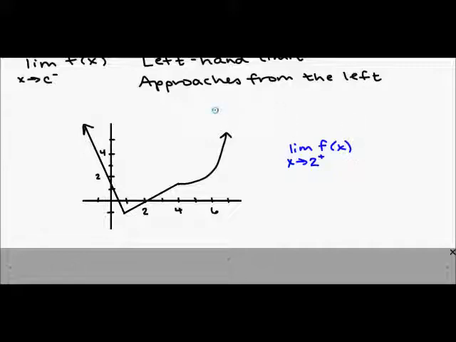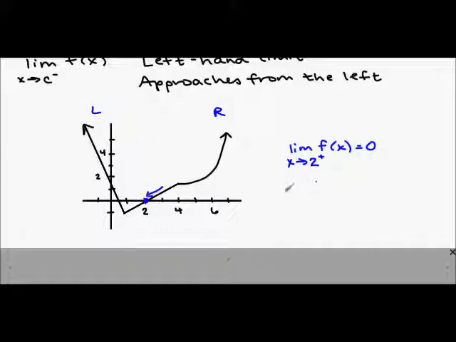And right is over here, left is over here. Okay, so if we are traveling along this line from the right towards 2, this way, then we see that our limit is equal to 0. So the y value here is 0. But the important part is you are traveling along this graph from the right to the left.